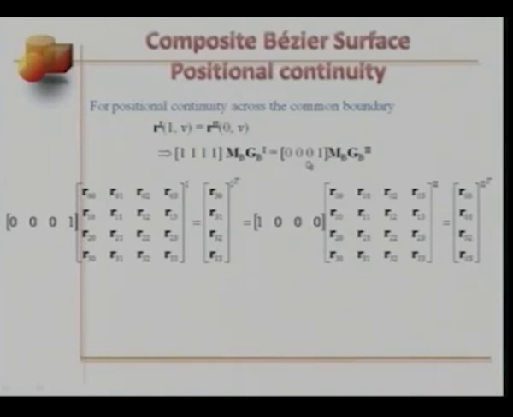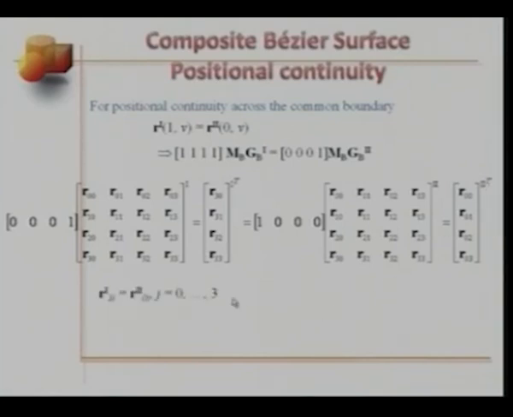And this row vector times M sub B equals 1, 0, 0, 0 times the geometric matrix for the second patch given by this matrix here, which is equal to R00, R01, R02 and R03 of the second patch, the transpose.